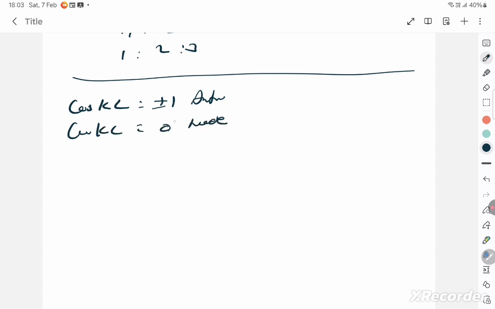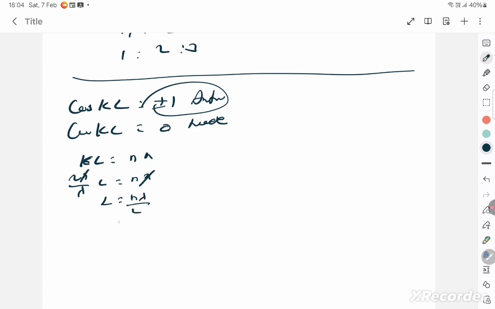Thus for an antinode, k into L is equal to n pi, since the maximum amplitude of cos occurs at n pi, and k itself is 2 pi by lambda, so L into 2 pi by lambda equals n pi, where pi and pi get cancelled. The entire length of the tube itself is n lambda by 2.